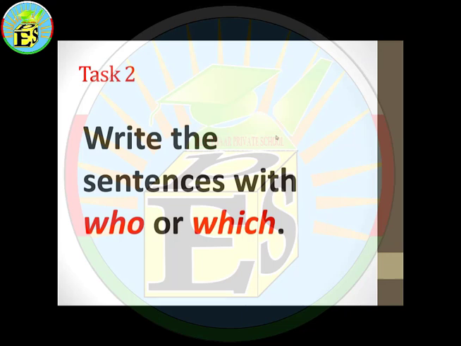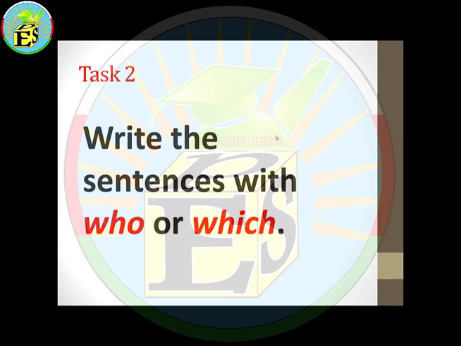I would like you to see and focus that we have 2 separate sentences in each of the 5 examples. What we need to do is to join these 2 sentences with a relative pronoun, so they will become one full sentence. Let's try with sentence number 2. This is the pen. It was lost.